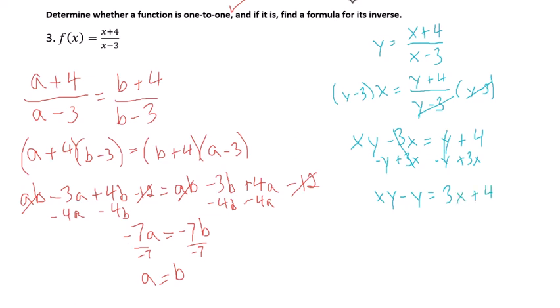Now, a lot of students will get stuck right here because they have two y's, but we can think of this like a GCF, factor out that y, and now you have y times x minus 1 equals 3x plus 4. Divide both sides by that x minus 1.